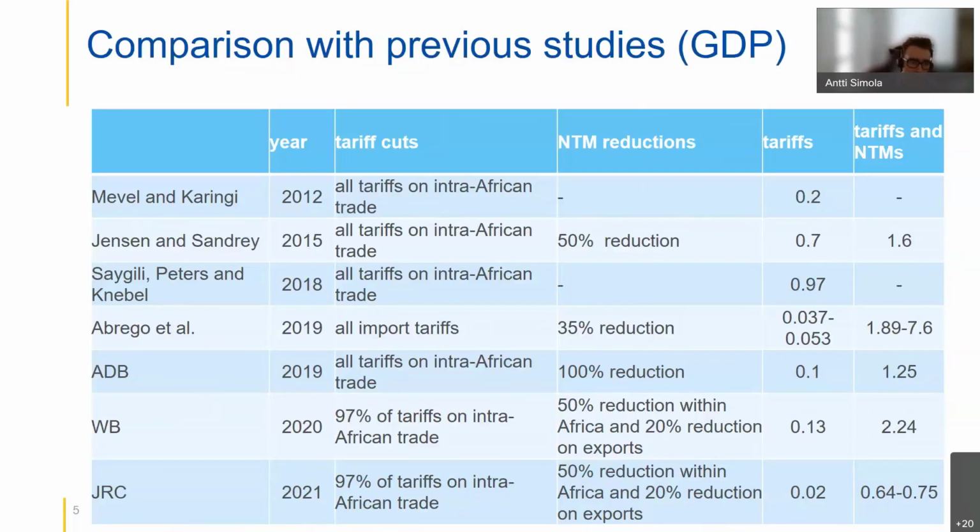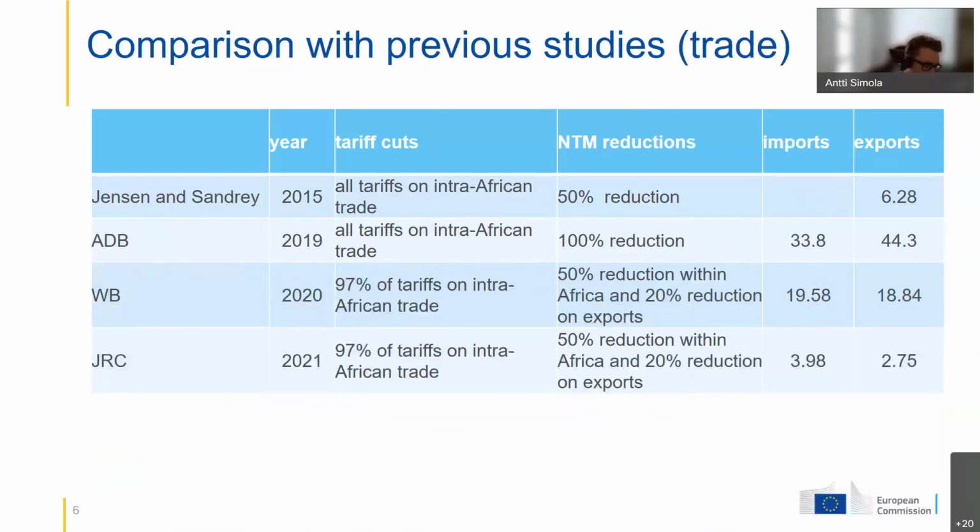I have a similar table here about trade. Trade volumes in these studies, they saw that African countries increased their trade as expected due to AfCFTA. Also, as with GDP, our study indicates a lower increase in total trade volumes than the previous studies.